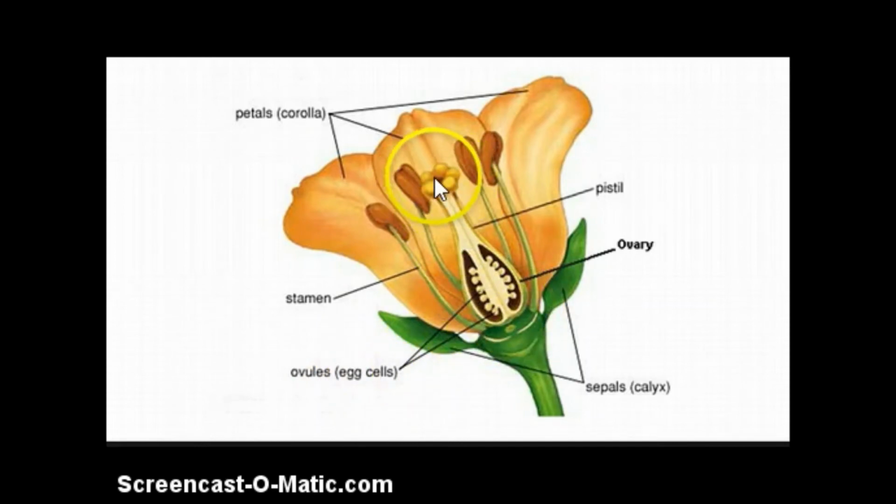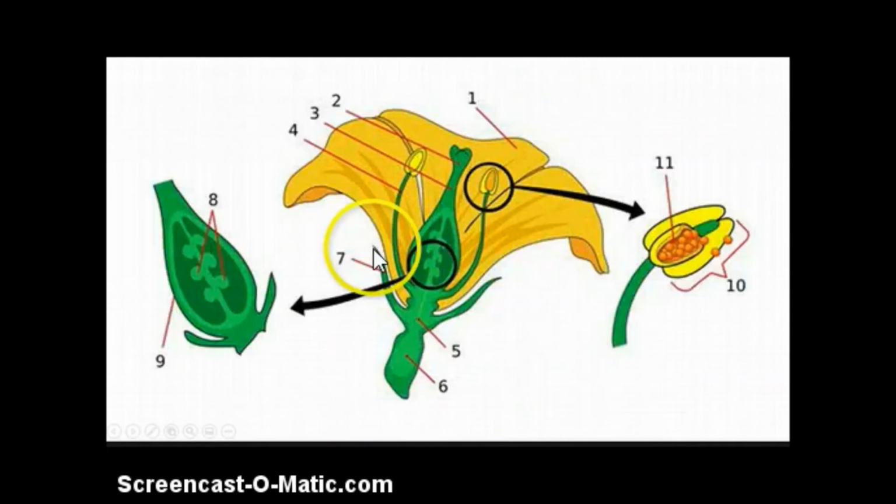This is the stigma, this is the style, and this is the ovary, the swollen part. And these three parts are collectively called as pistil. This is the corolla or petals, and these are the sepals, green colored structures. So can you label that?